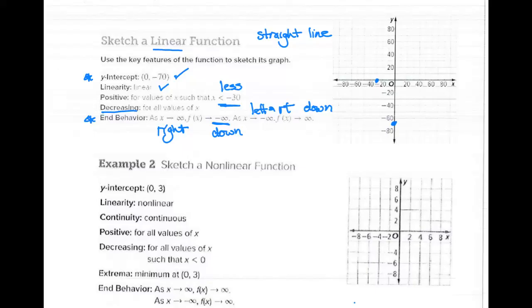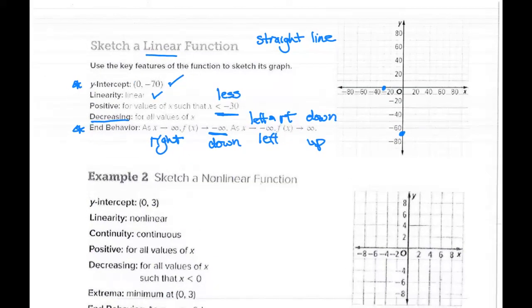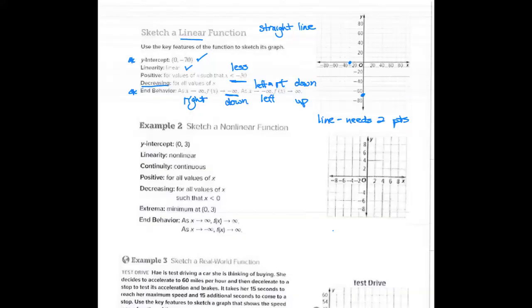And the next part, as x is approaching negative infinity, as I go to the left, my y values are going to positive infinity, which is up. Now, we have those 2 points there. A line only needs 2 points. Okay? So, connect those 2 points with a line.